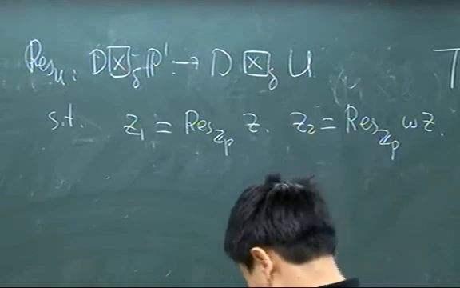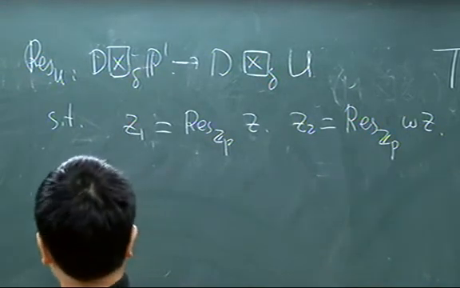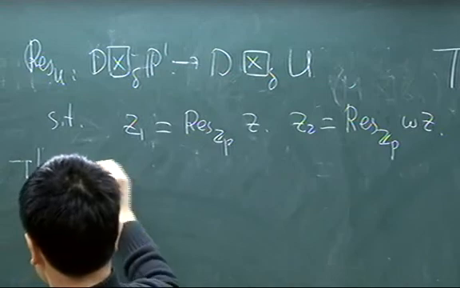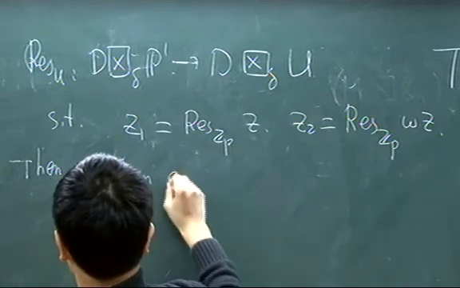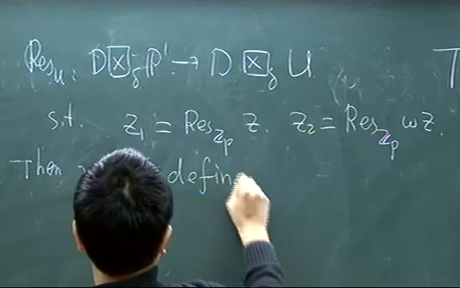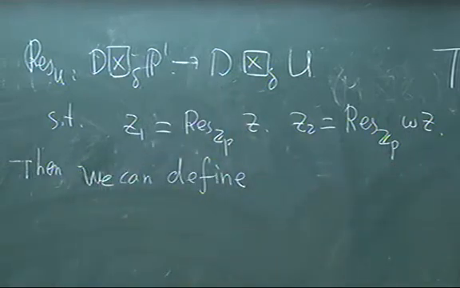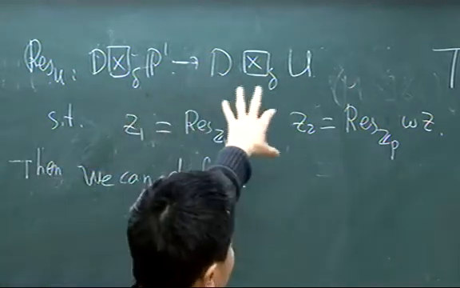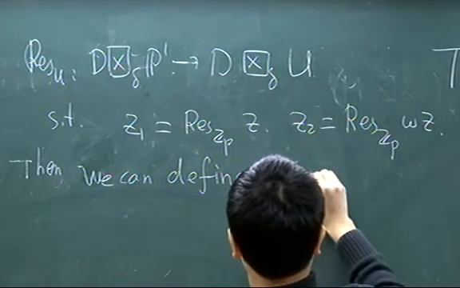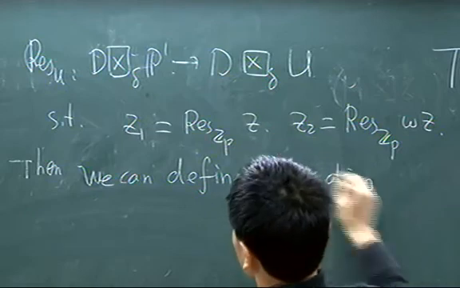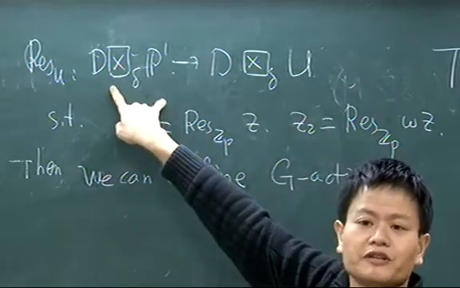Then after all this, remember in D we can only define the Borel action, and in D box delta QP we can define the Borel action, but now we can define the G action. So that this will be a G module.